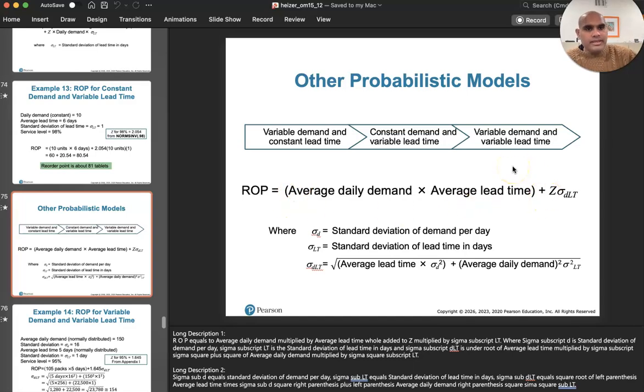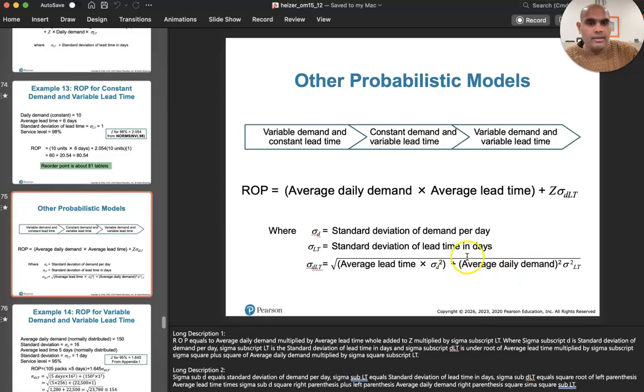But because lead time is variable and demand is variable, you have to calculate the standard deviation of demand during lead time. So this is the standard deviation of demand during lead time, a lead time which itself is variable. So variability in demand, variability in lead time, you put that together, and this is the standard deviation formula. You take the average lead time, and multiply that with the square of the daily demand standard deviation.